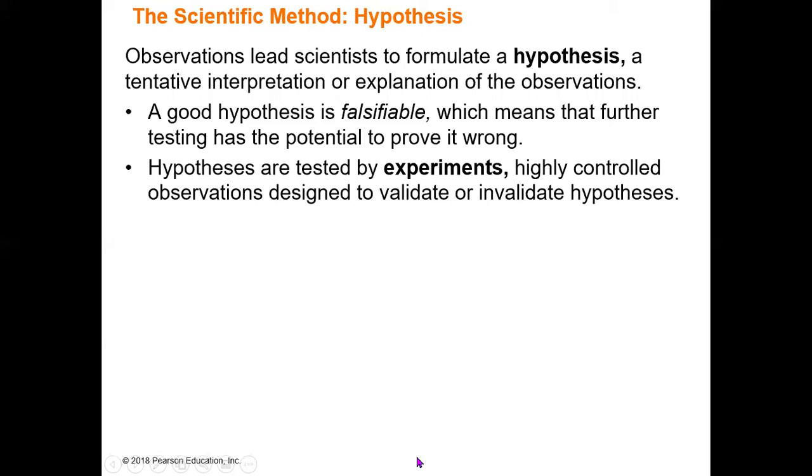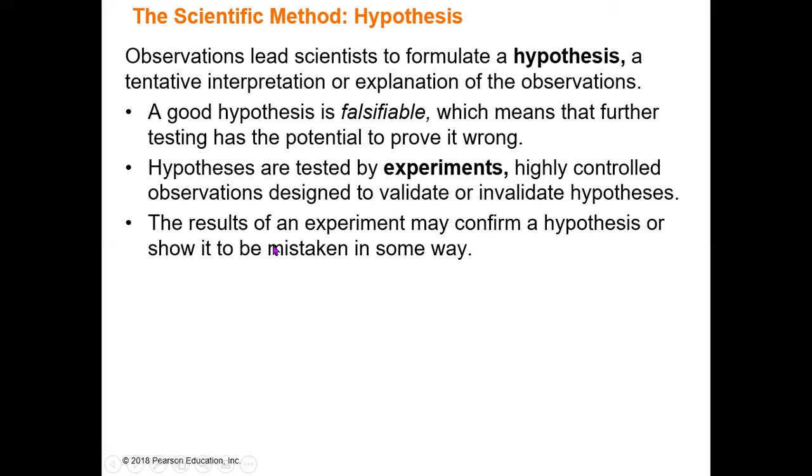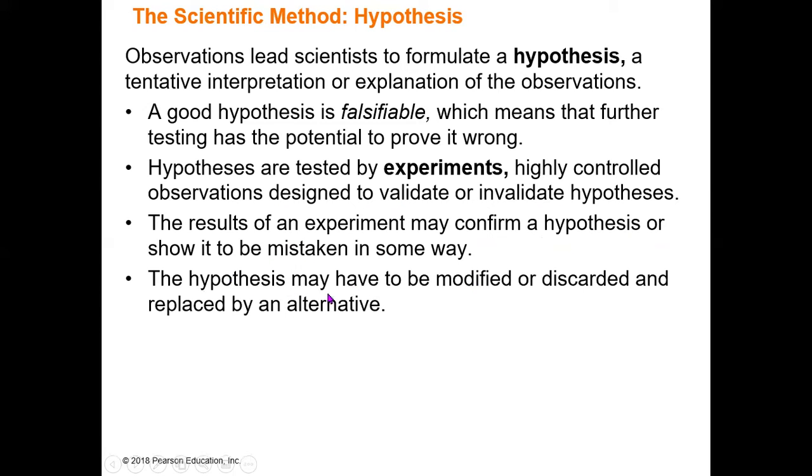Hypotheses are tested by experiments, highly controlled observations designed to validate or invalidate hypotheses. The result of an experiment may confirm a hypothesis or show it to be mistaken in some way. The hypothesis may have to be modified or discarded and replaced by an alternative.